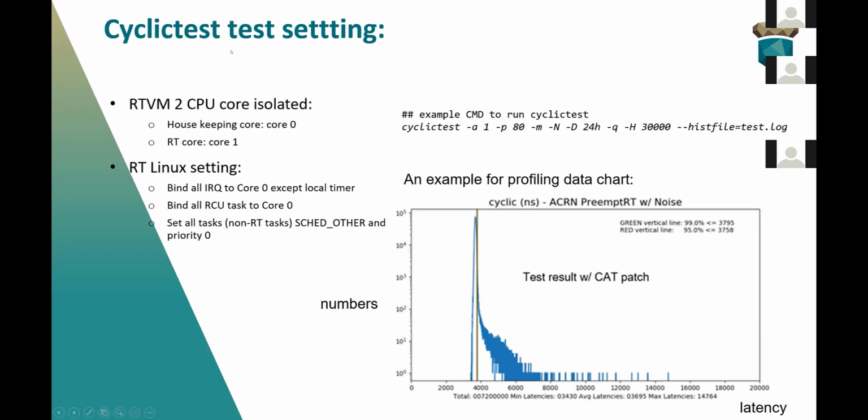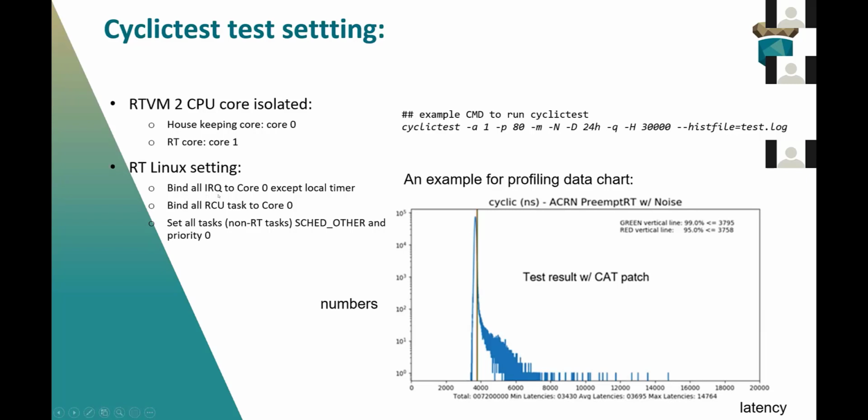And before running it, we need to do some configuration, just as I mentioned in the RT preliminary RT Linux configuration. Core 0 is set as a housekeeping core, and for the RT core, we set core 1.